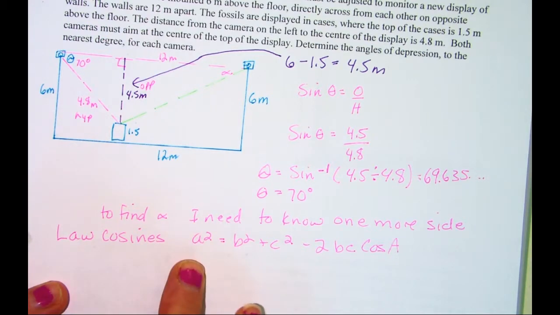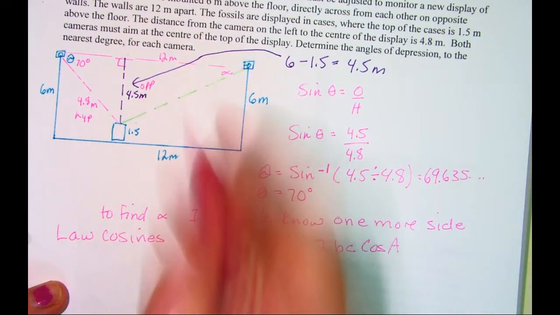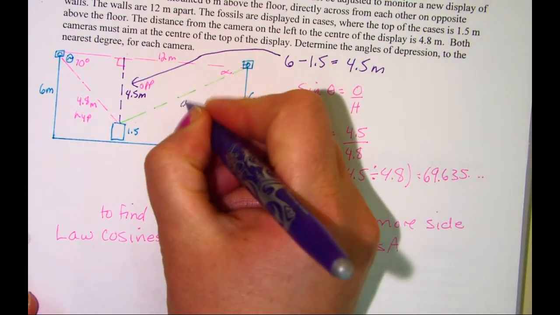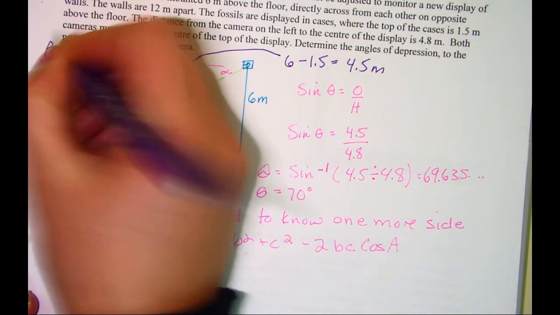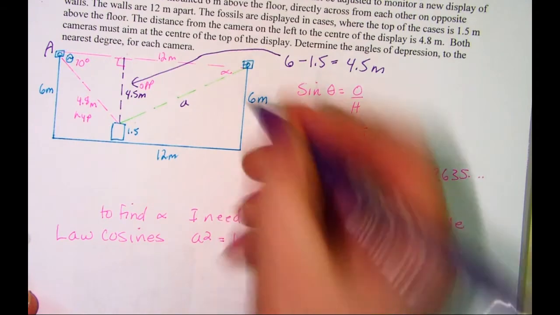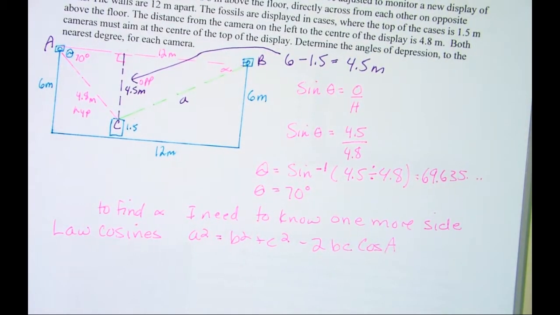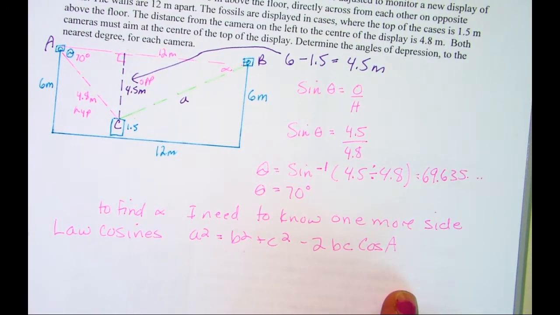So if I label my triangle with A being the side that I want to find, I can just put A here. That makes this angle A. And the B and C, it doesn't matter where I put them. Let's say I do that. So now I can just plug in the numbers and find the answer.